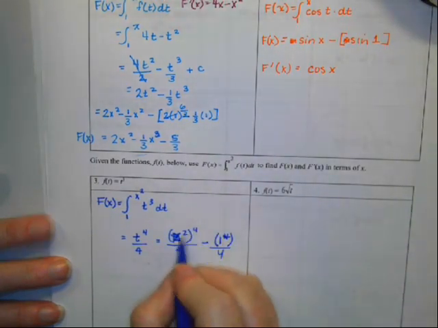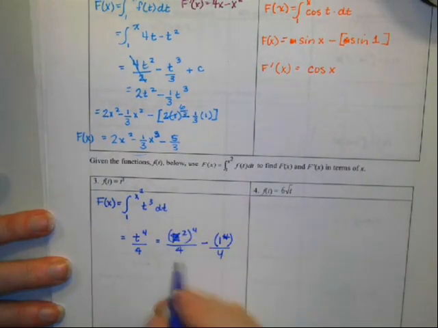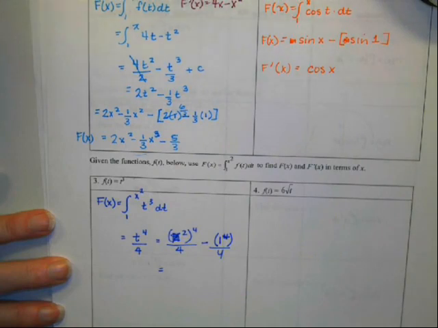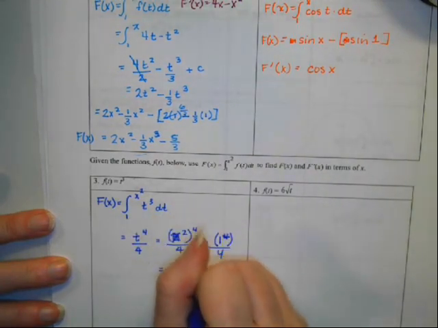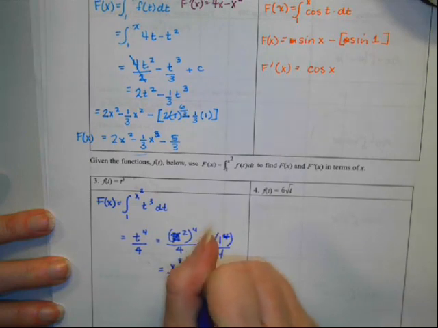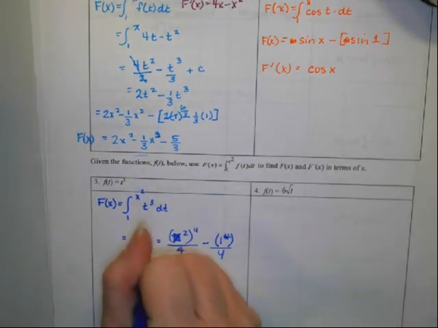All right, x squared to the 4th. What happens when you raise a power to a power? What do you do with your exponents? Multiply. So it should be x to the 8 over 4 minus 1/4. Right? That's your f of x.